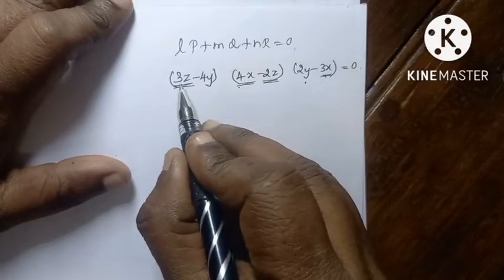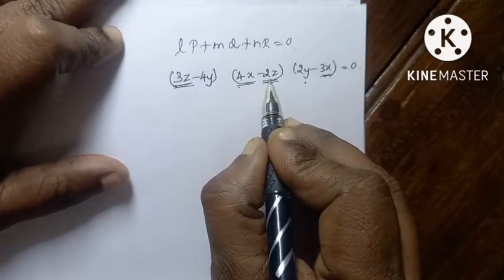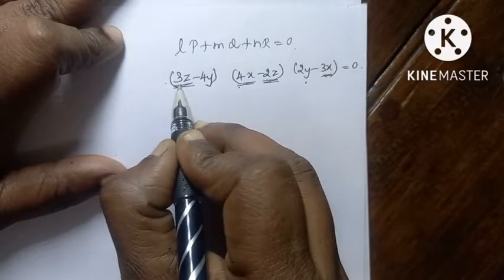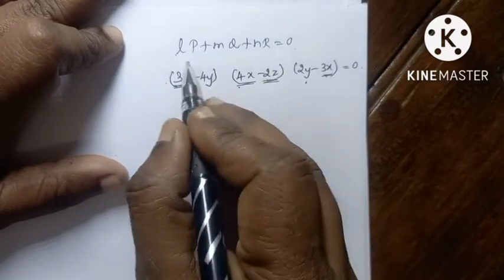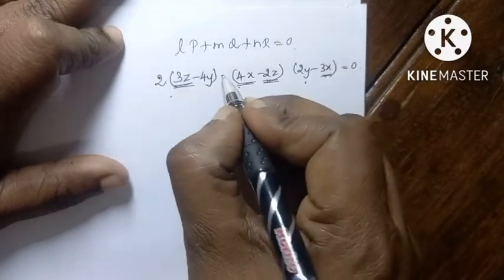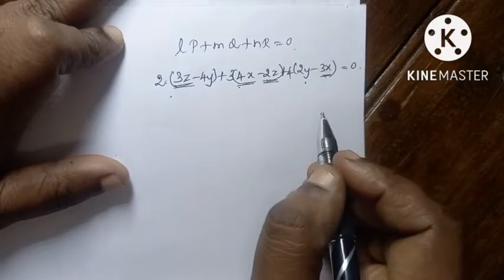Here I have 3z, here I have 2z. If I multiply this by 2 and this by 3, it will become 6z and minus 6z, which will get cancelled. So 2, 3, 4 are the multipliers.